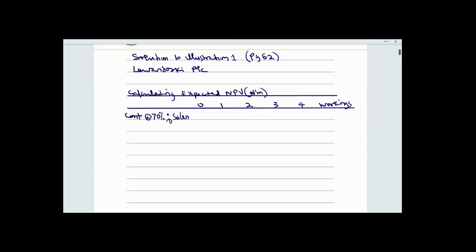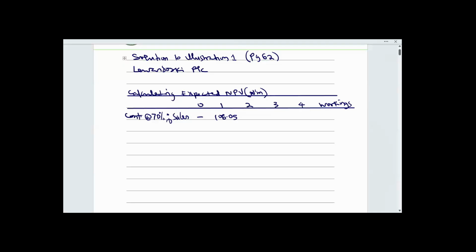The sales in the first year is 151.5, multiplied by 0.7. That's 106.05. If you like, you can do your working separate for that. No worries.